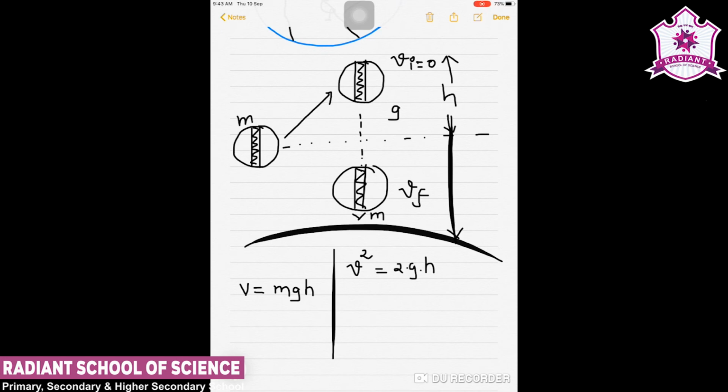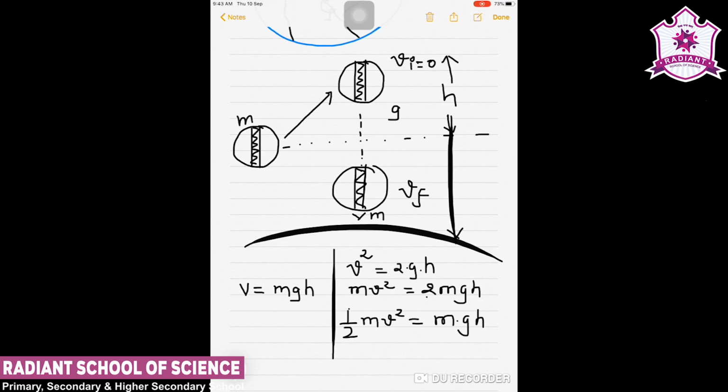Now if we multiply both sides with m, we will have mv square is equal to 2mgh. Now what we will do, we will take this 2 to the denominator, so it will be 1 half mv square, and that is mgh.